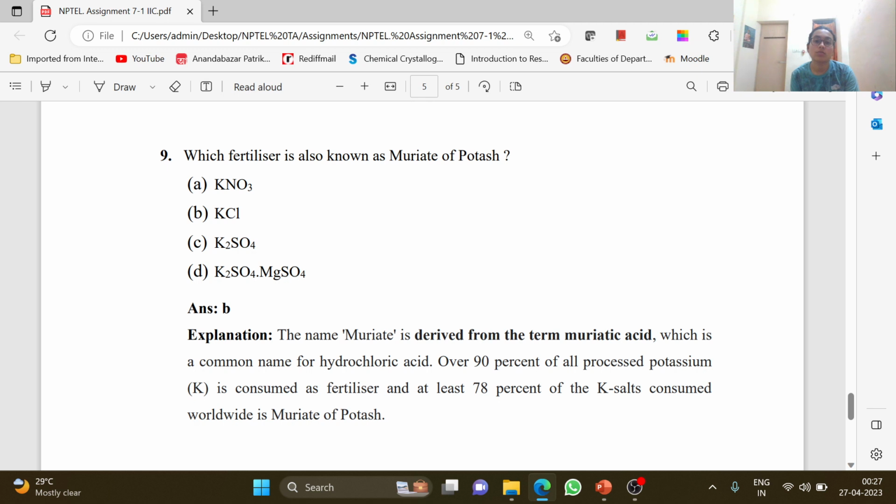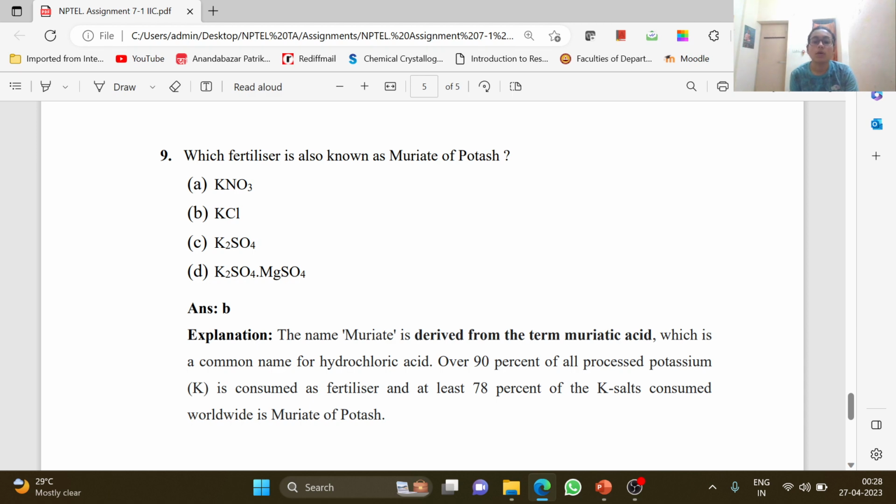Which fertilizer is also known as muriate of potash? Potassium nitrate, potassium chloride, potassium sulfate, or potassium magnesium sulfate. The correct option is potassium chloride because muriate is derived from the term muriatic acid, which is a common name of hydrochloric acid.